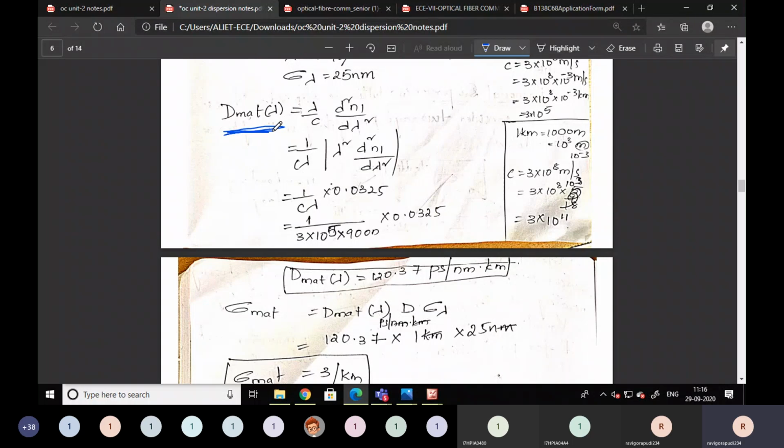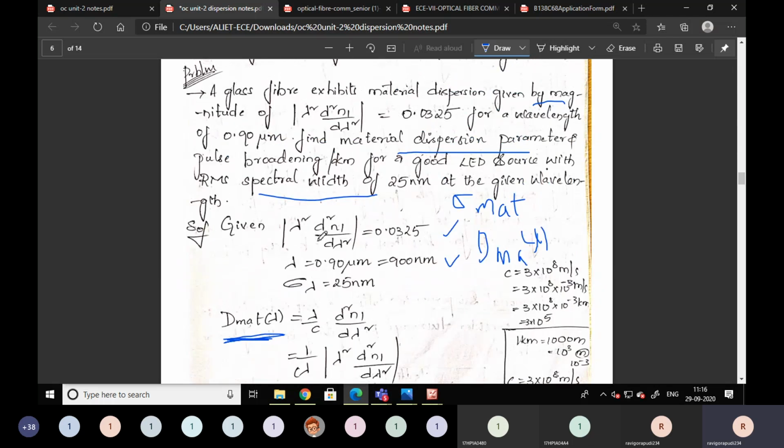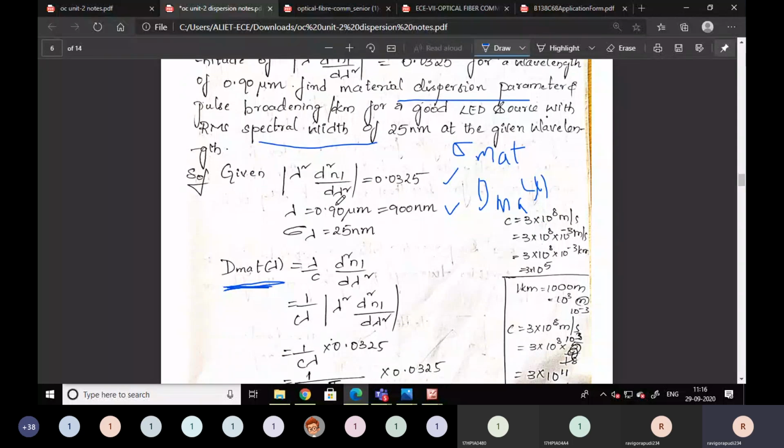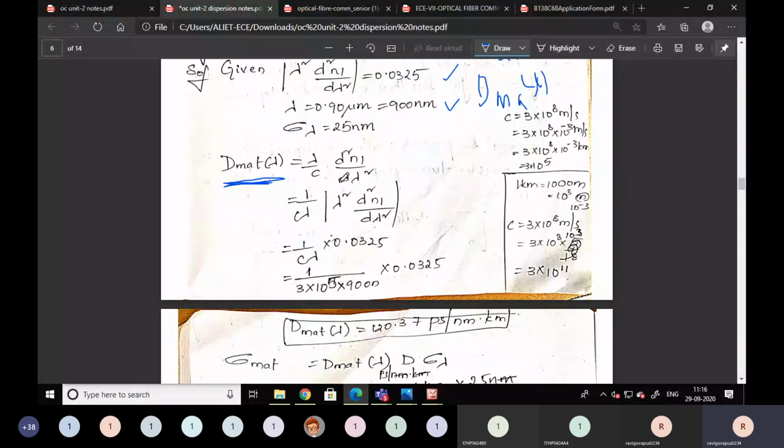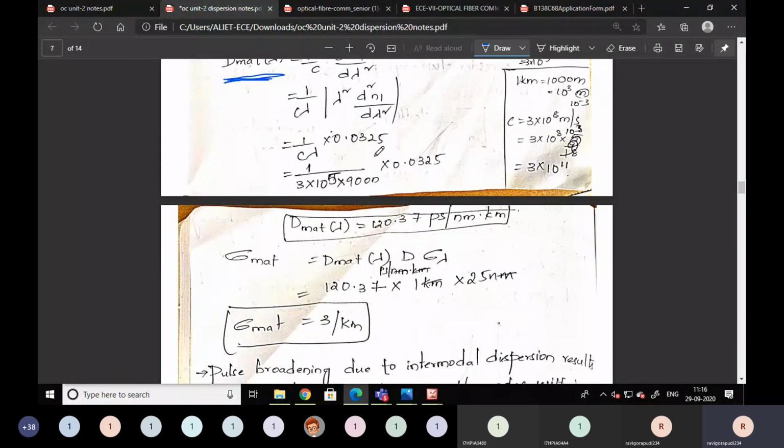Remember that we are going to find D mat of lambda, which is lambda by c into d square n1 by d lambda square. But he has given lambda square d square n1 by d lambda square. What extra lambda do we have? That's why I'm multiplying with lambda in numerator and denominator. Then we get this term. Substitute this term: 1 by c lambda into 0.0325.